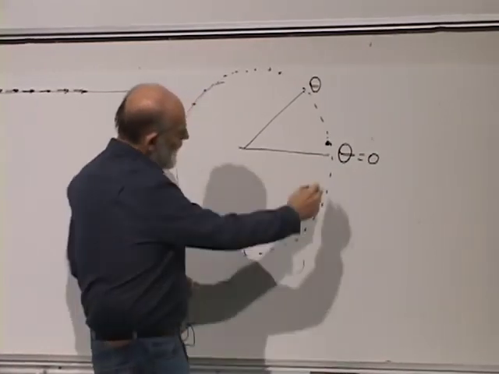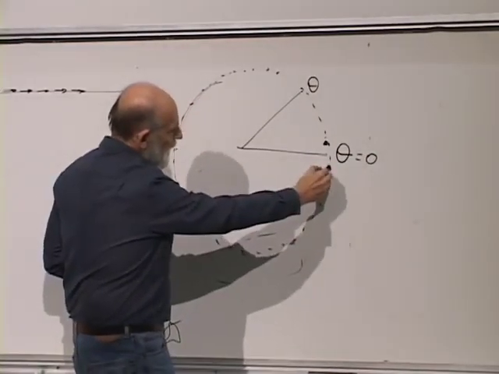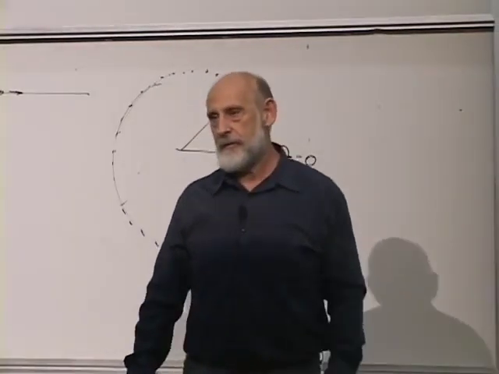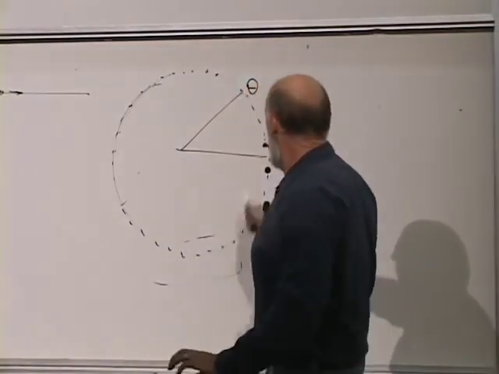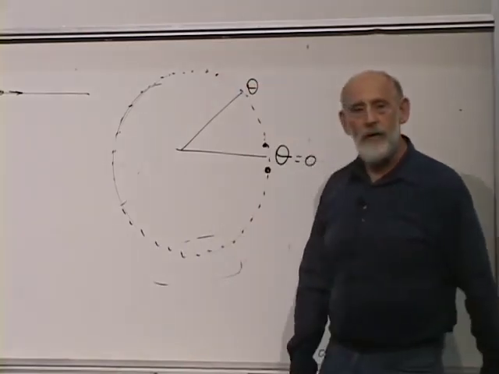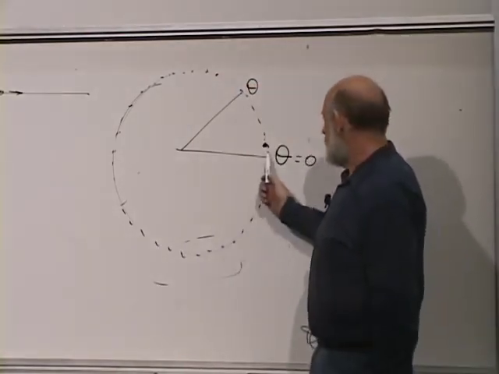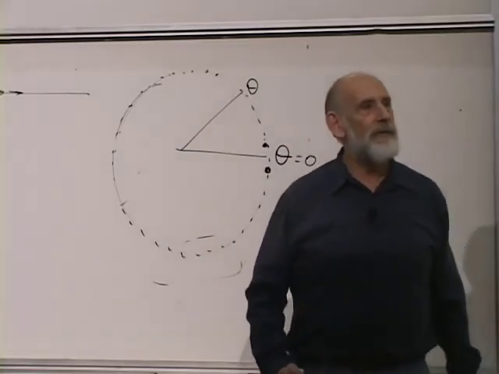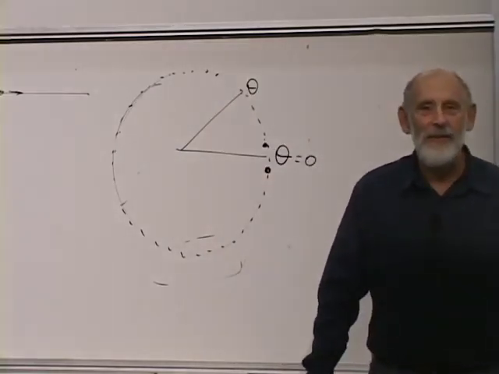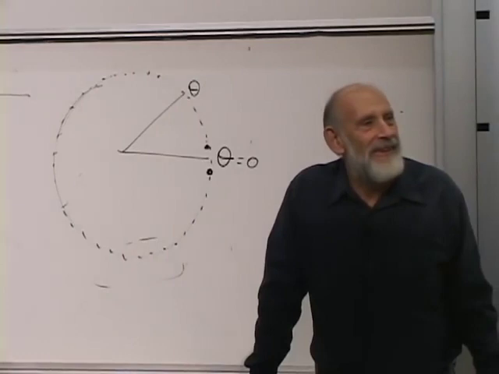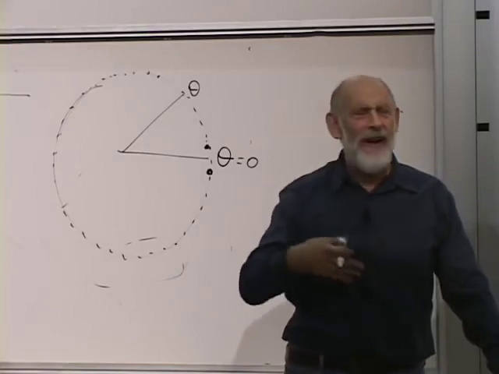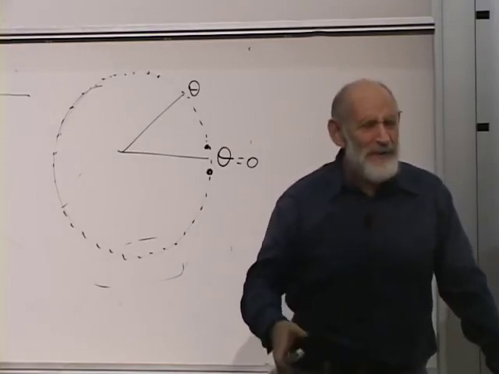And what's this galaxy over here? Well, we could call it a negative angle, or we could call it 359 degrees. It's almost all the way around.